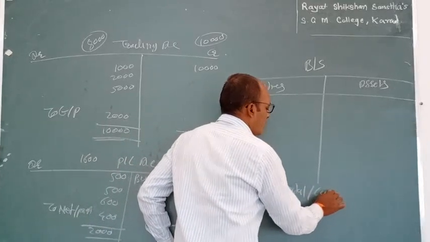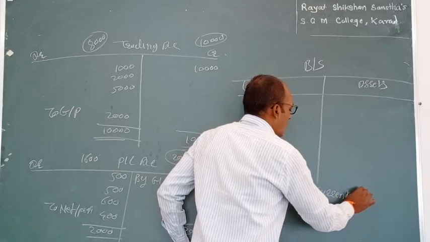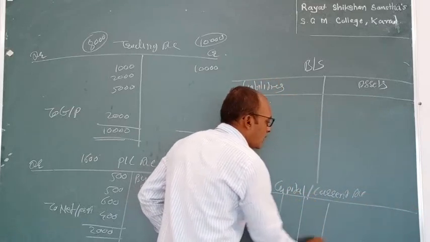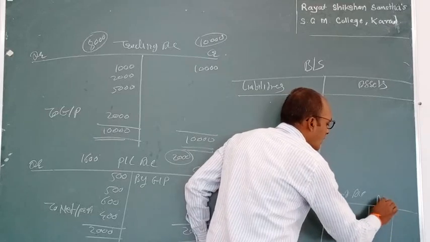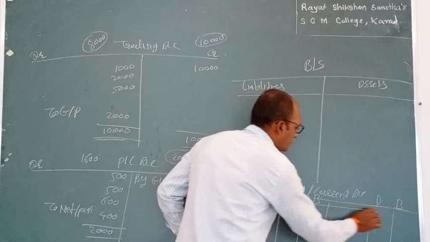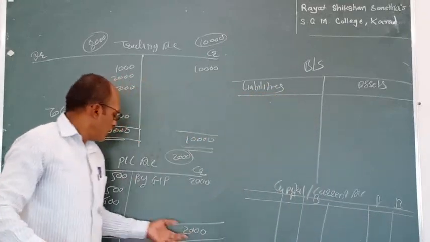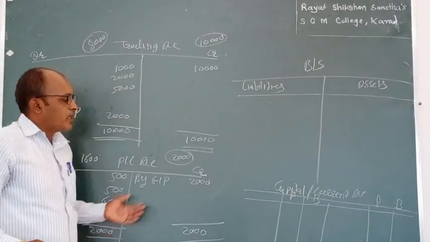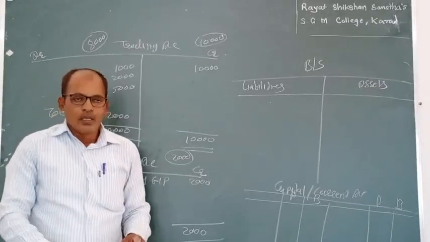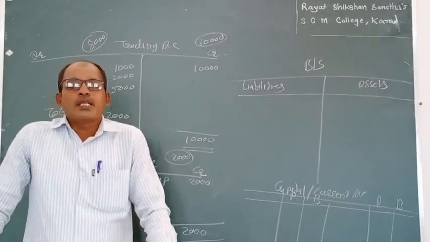Then, if you prepare capital or current account, for example, there are two partners A and B. In this case, the amount of net profit or loss is distributed among the partners in their profit sharing ratio.